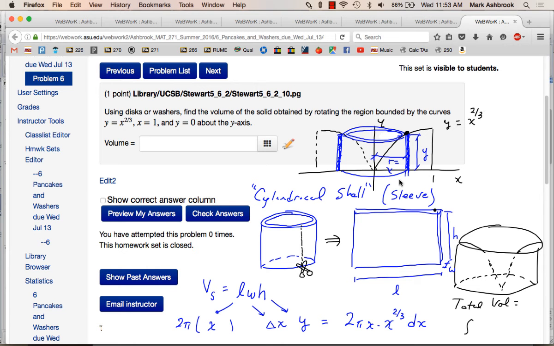So the first shell is that point shell right there at the origin. That's going to be at x equals 0. And the last shell is the tallest and widest shell, x equals 1. 2 pi r times height times thickness of the shell.